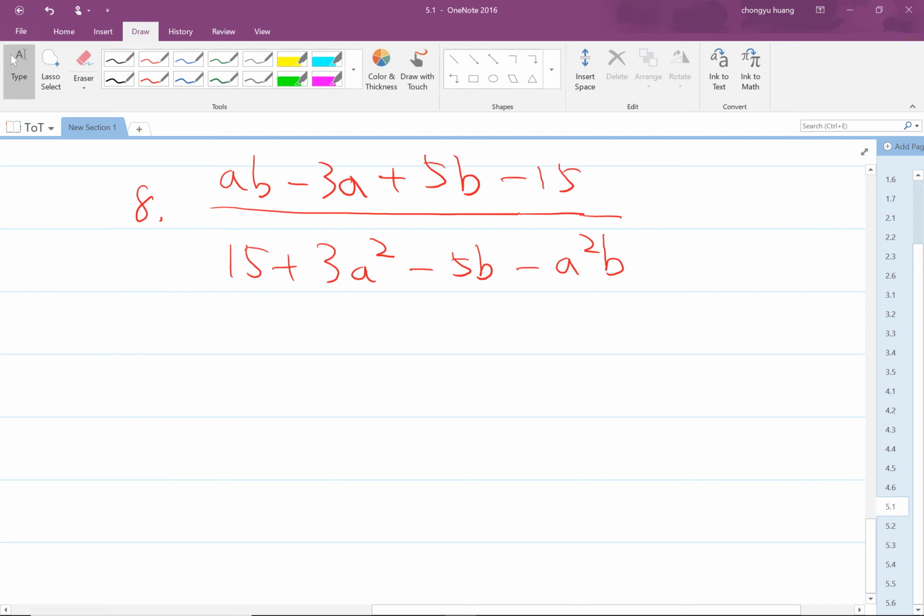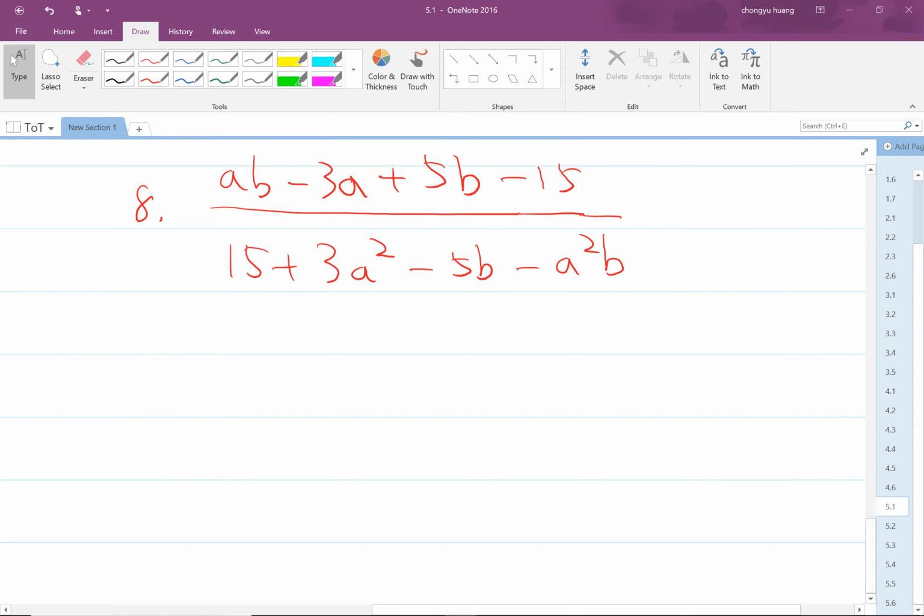First, as I said before, when you are solving a question, you first want to examine the question, and then think about how you can simplify this.